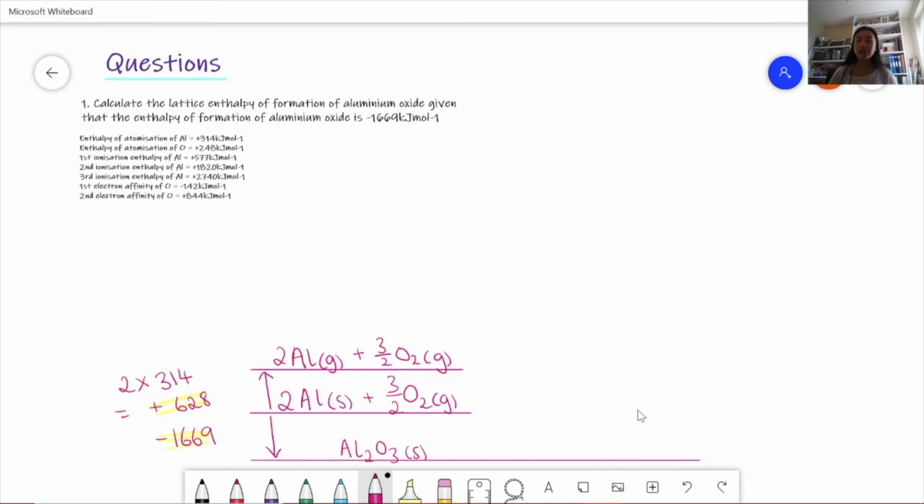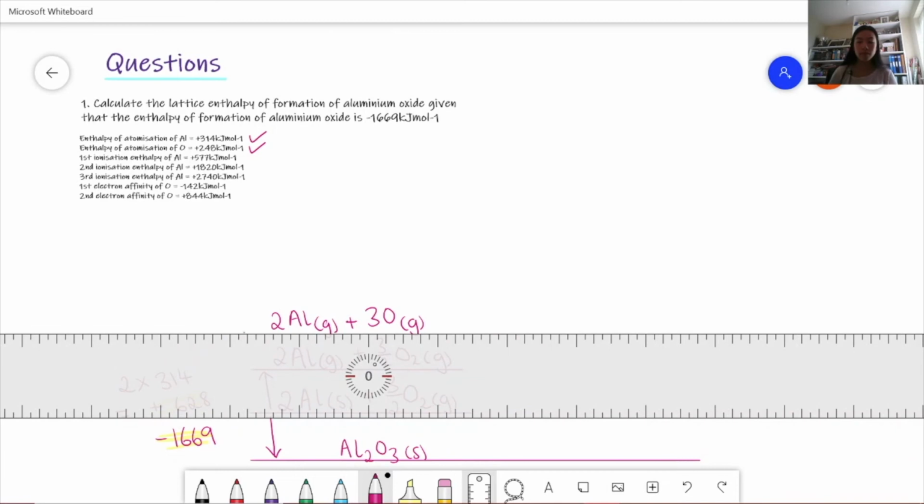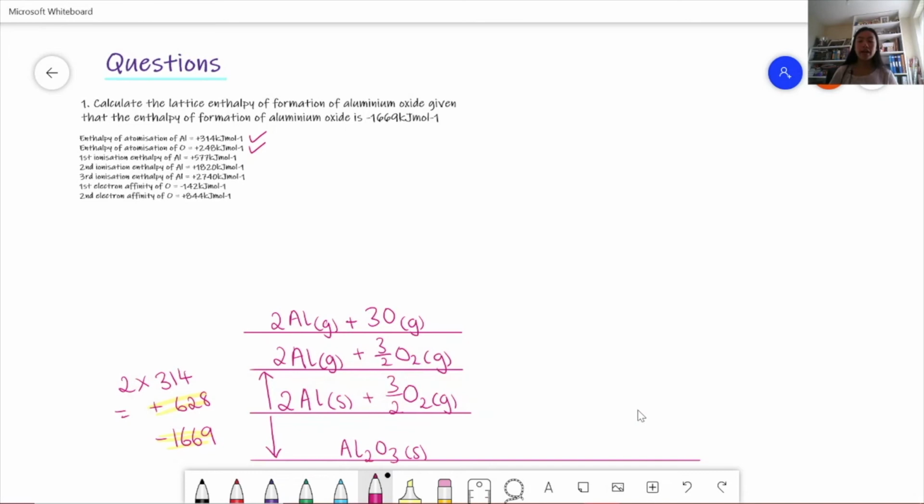And then the next thing I do is the enthalpy of atomization of the oxygen. I leave the aluminium alone and I atomize the oxygens. Now we remember the definition again. The enthalpy of atomization of oxygen is when we form 1 mole of oxygen atoms, but we've actually formed 3 here.